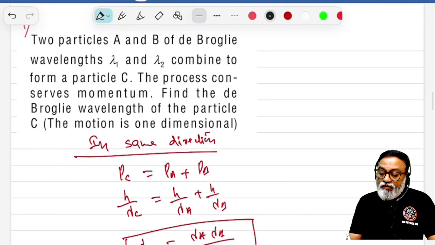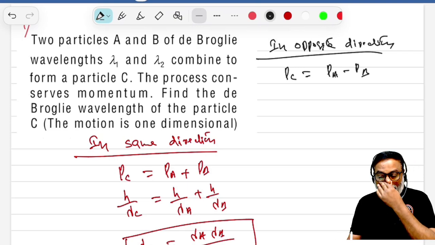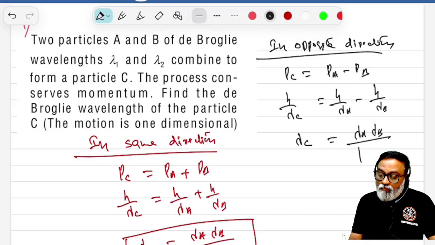See, for example, in the opposite direction, means they are moving in opposite directions. Therefore, momentum of C is equal to momentum of A minus momentum of B. This becomes h by lambda C is equal to h by lambda A minus h by lambda B. From this, lambda C is equal to lambda A into lambda B by modulus of (lambda A minus lambda B).